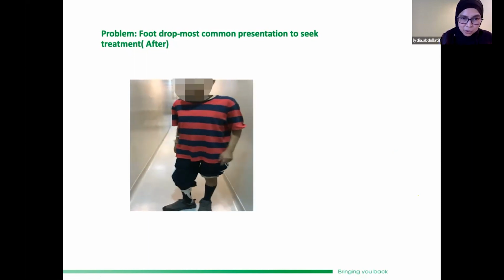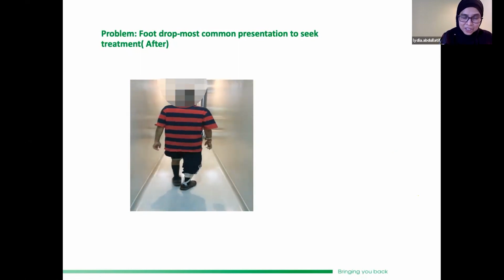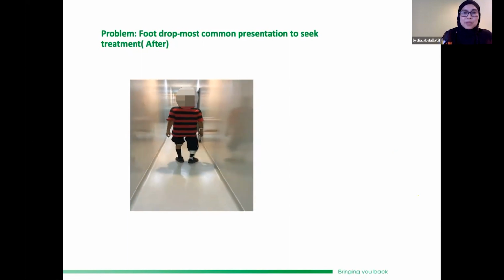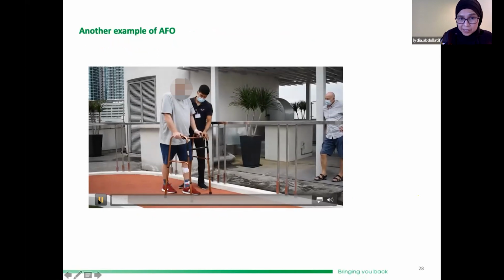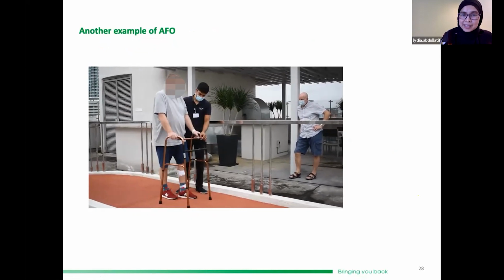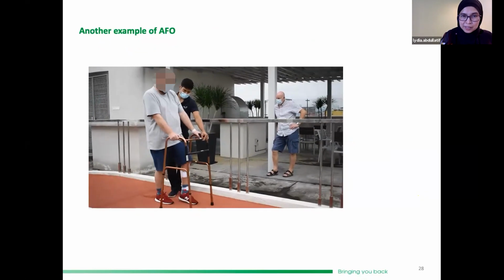He can lift up his foot on the right side, and he will use less energy. Before prescribing any orthosis, we definitely need to train them first to make sure whether they need to use any gait aids. So this is where the physiotherapist will do the training.